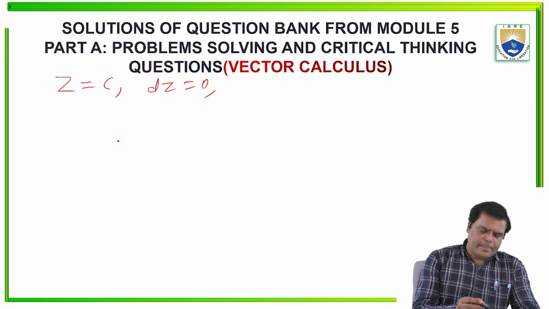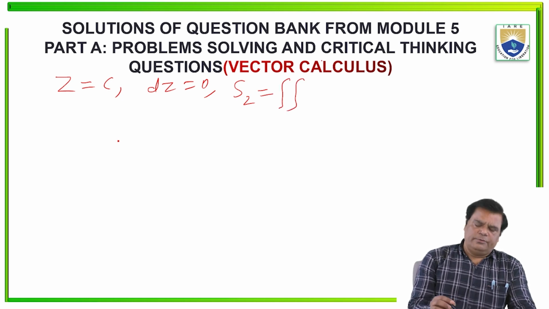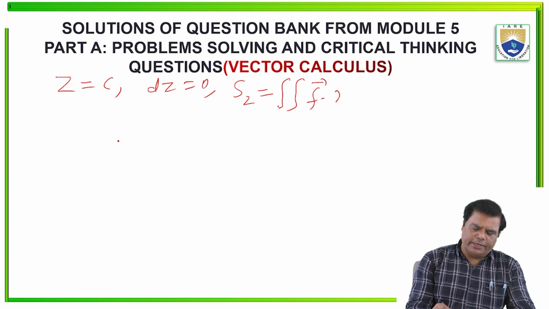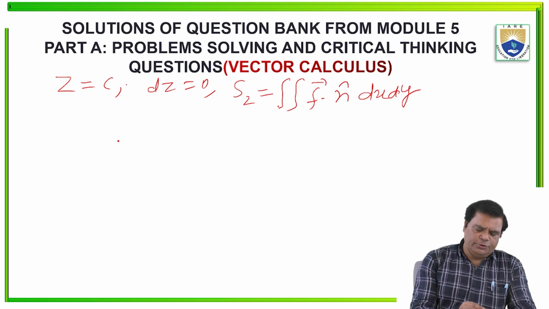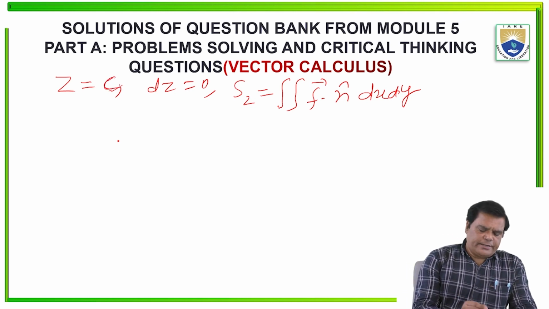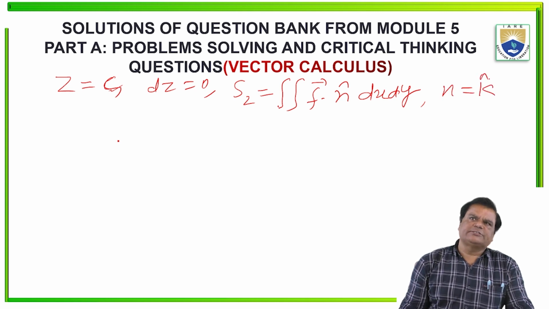So here we write S2 equal to the double integration, and now n is k here. F vector dot n vector ds, that is dx and dy. So here z equals c and dz is 0. So n equals k here, for the xy plane.